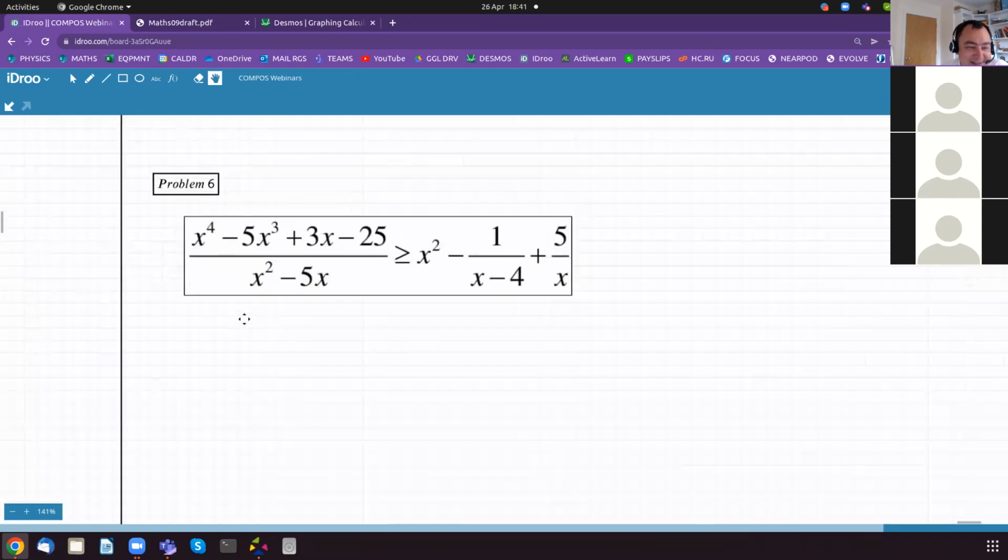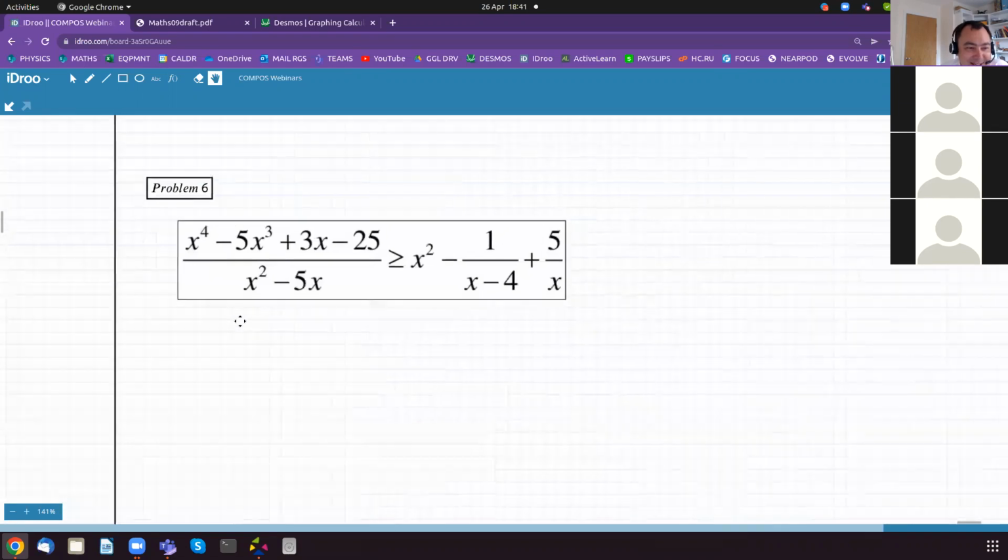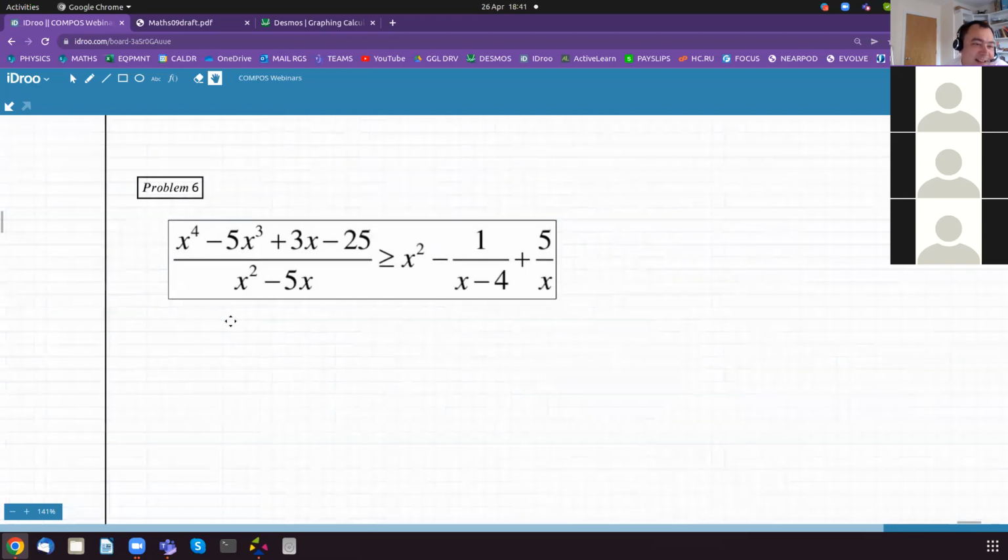Now here, I can actually see there's a teeny little shortcut here.